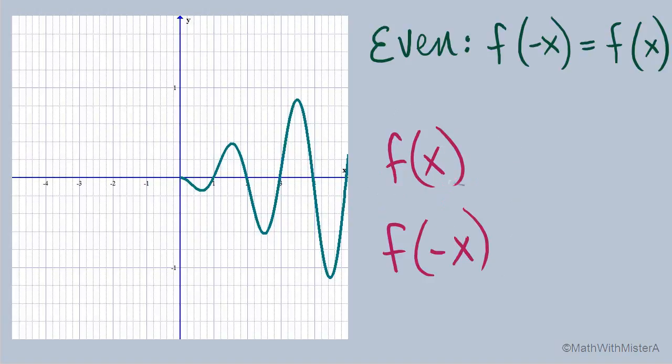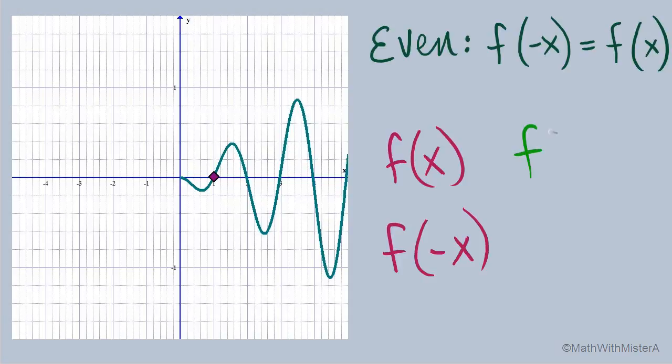So the input right here for the x, and then this whole expression would be the output. So this statement is saying, if you look at the value of the function when you input some variable x, the value of the function is exactly the same if you were to put in the opposite value in place of x. And on a graph, that would mean that they have the same y coordinate. So like we could take, for example, any point on the graph where we've got a positive x, and then the function will have the same value for a negative value of x.